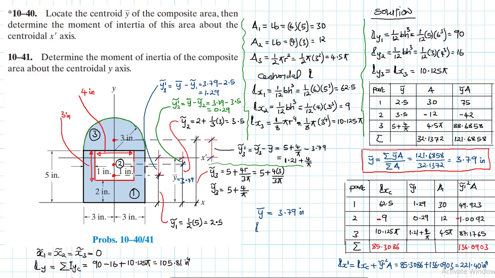We have moment of inertia about the x prime axis equal to 221.40 inches to the power 4, and moment of inertia about the y-axis equal to 105.81 inches to the power 4.